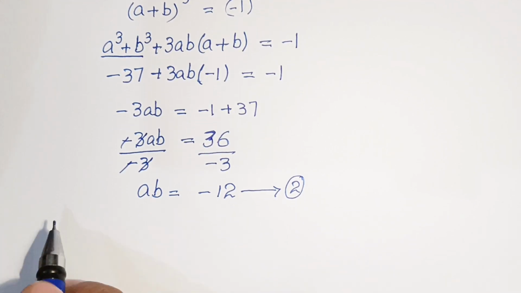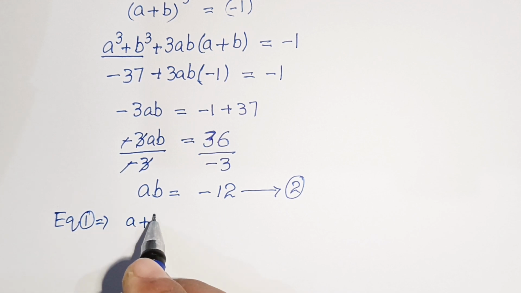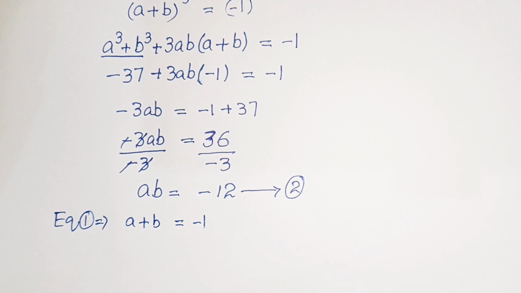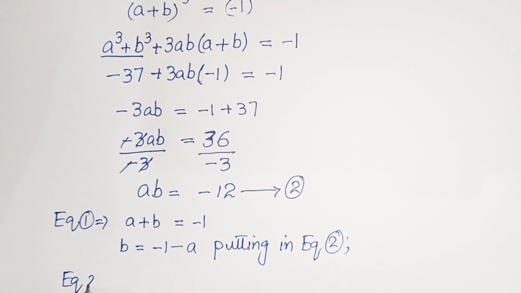Now we write equation 1, a plus b is equal to minus 1. If we find the value of b, we get minus 1 minus a. Putting this value of b in equation number 2, we get a times (minus 1 minus a) is equal to minus 12.